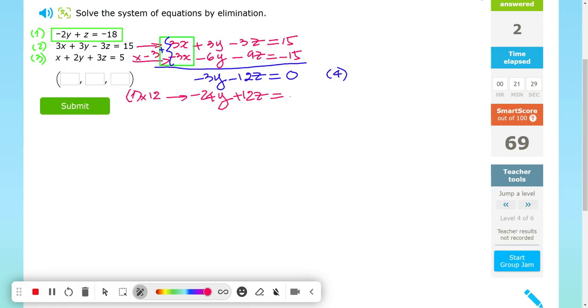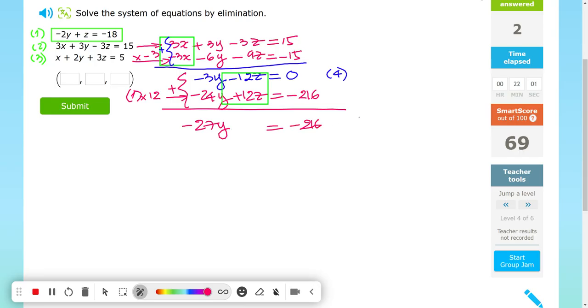Then I can add these two equations together right now. You see the z terms are opposite? So I add them together, and you can see no more z. You come out right here with negative 27y equals negative 216.